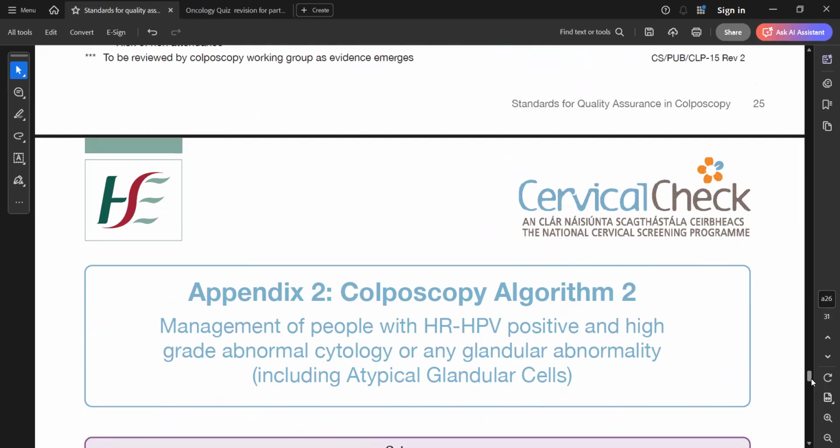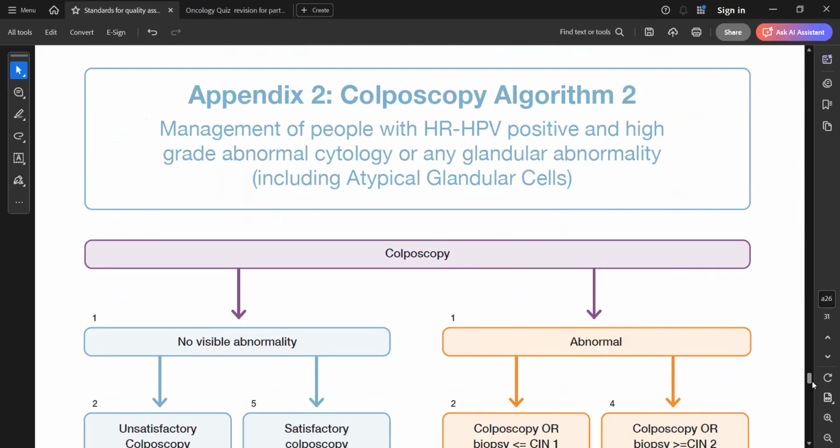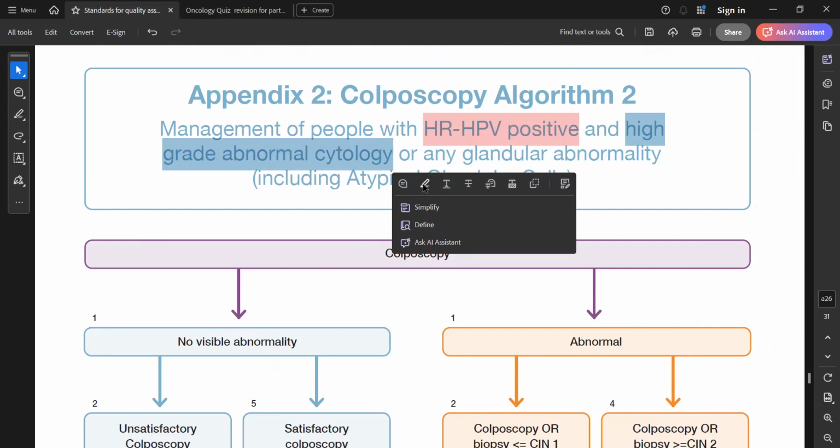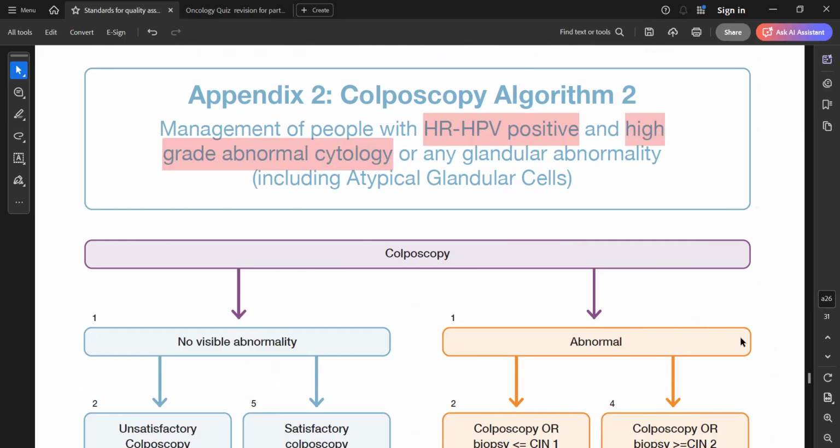If the patient was referred to you because initially she has HPV positive and high-grade cytology, or of course glandular abnormality, which is something really severe, then this patient with a normal colposcopy is really fishy. Something fishy is going on. How is she having those and the colposcopy is normal? So this is why I'm going to offer a biopsy.